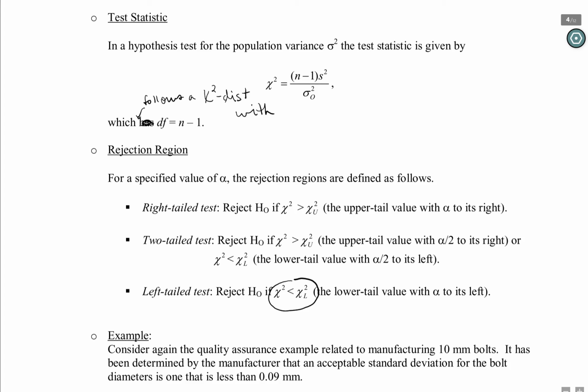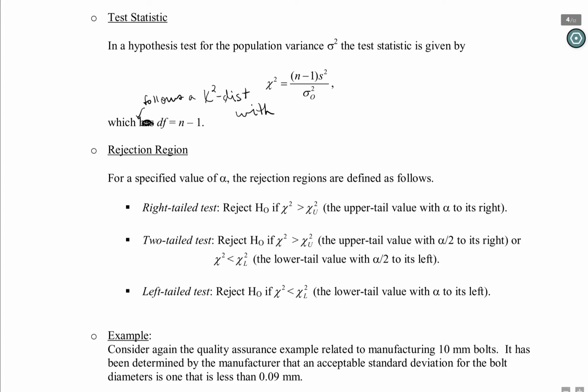If you're dealing with a two-tail test, you reject if the chi-squared statistic is bigger than some chi-squared value or less than some chi-squared value, where the chi-squared values have alpha over 2 in the right tail and alpha over 2 in the left tail for the lower tail percentile.